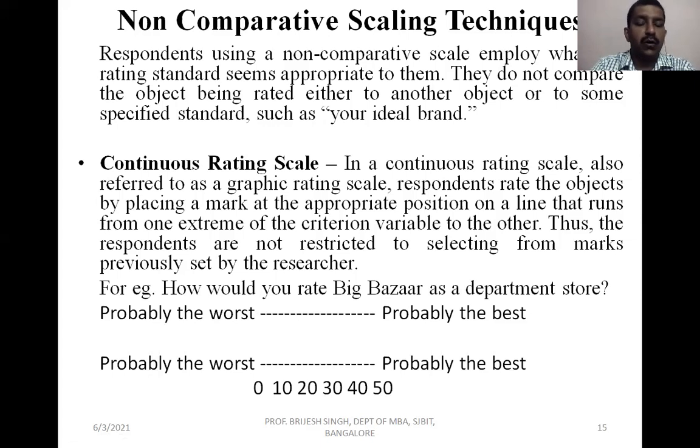Thus the responses are not restricted to selecting from marks previously set by the researchers, so they can select anything as per their liking. Based upon where exactly they fix the mark, the rating is determined.